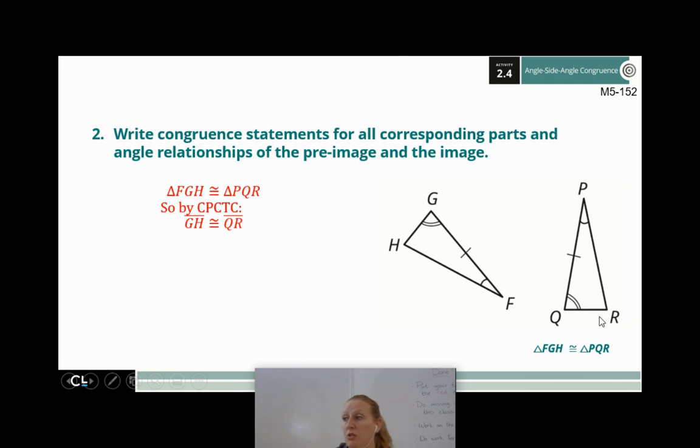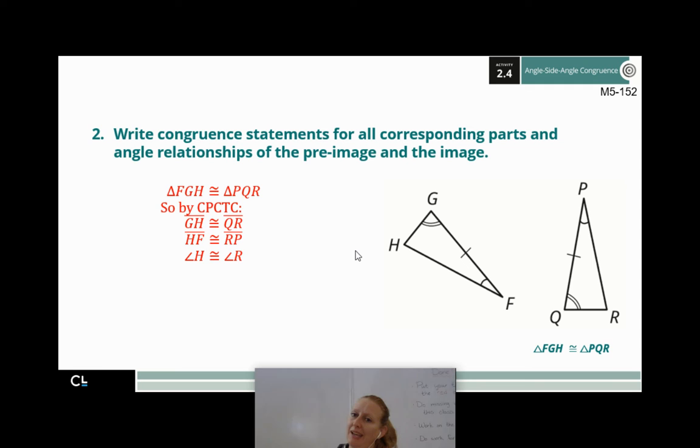Those sides should match up since my triangles are congruent. That means side HF should be congruent to side RP. If I go H to F, I should go R to P, right? Angle H should be congruent to angle R, right? Sweet. So if my triangles are congruent by corresponding parts of congruent triangles, all my other parts must be congruent too.